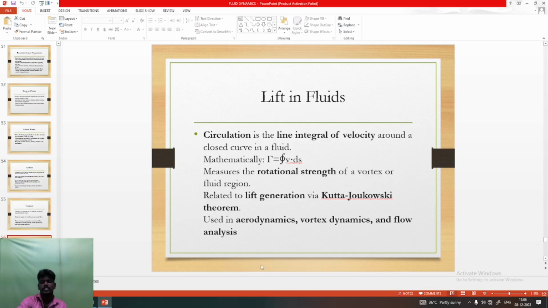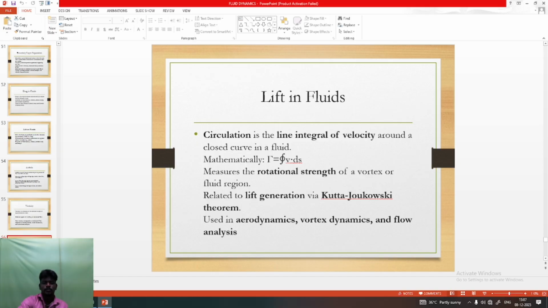It measures the rotational strength of a vortex or fluid region. It is related to lift generation via the Kutta-Joukowski theorem. It is used in aerodynamics, vortex dynamics and fluid analysis also, because circulation is a very important thing.